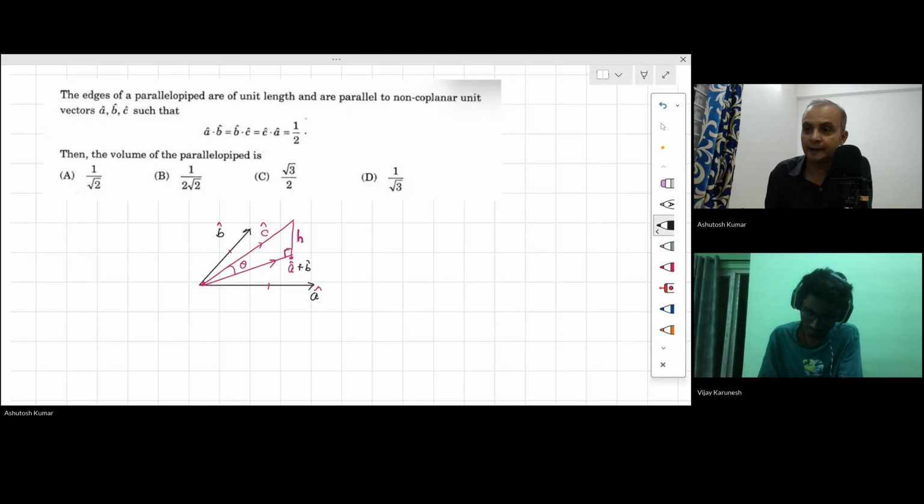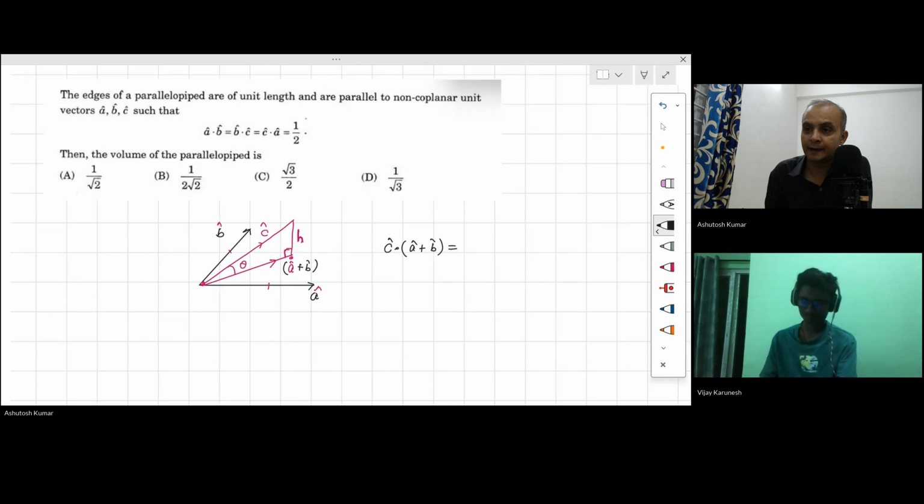How do we find theta? Let's see. You notice that C cap dot A cap plus B cap, I can write in two ways.